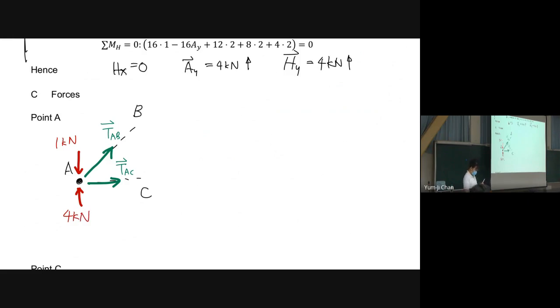And then we have theta here, and tangent theta this time should be 3/4.